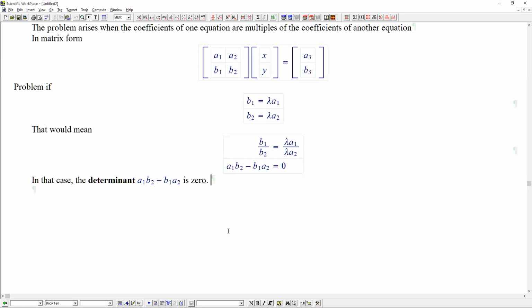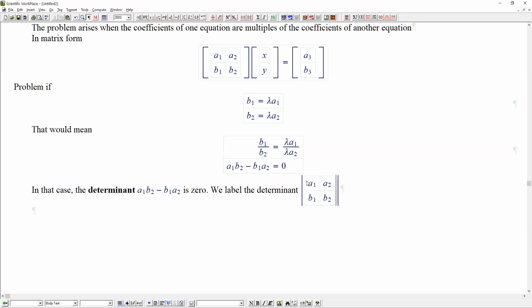So we label the determinant, if I have a matrix there, it's just going to be this. It's like in absolute values. You put it between vertical bars like this. So this means determinant.